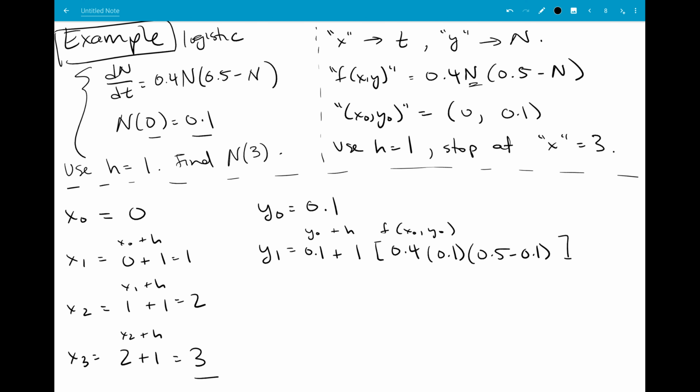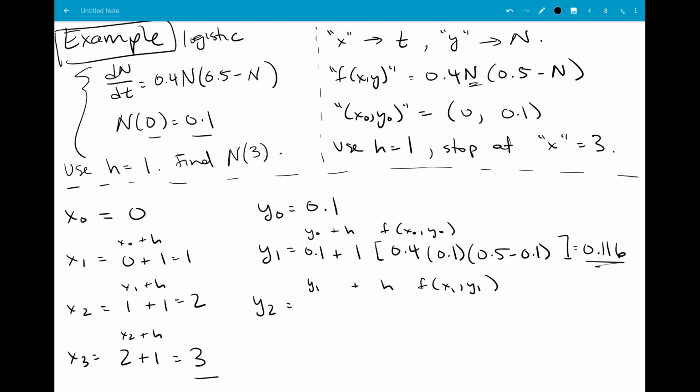And I can do that real quick on my phone actually, because I don't have a calculator. So that's 0.1 plus 1 times 0.4 times 0.1 times 0.4. I've got 0.116. Then y2 would be y1 plus h times f of x1, y1.